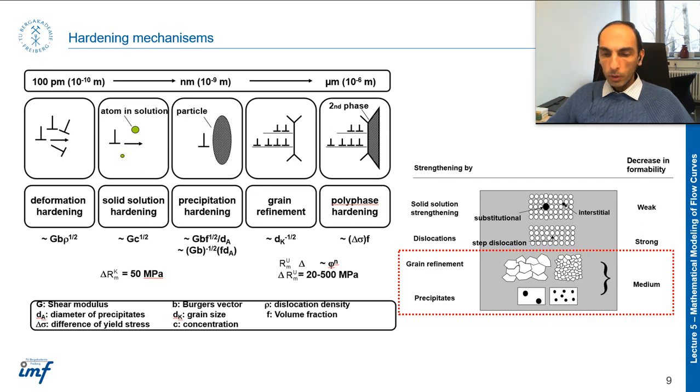Not only the fraction of the precipitation is important, but also the interface of the precipitation and the matrix is important. It means that, okay, if you have such a big precipitate, or if you break down this size of the precipitate to smaller sizes and distribute it, which one influences the flow stress more?